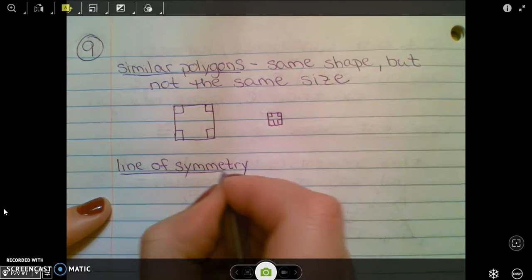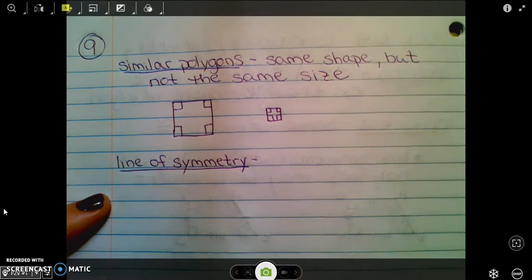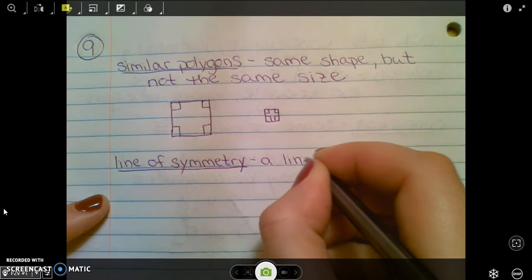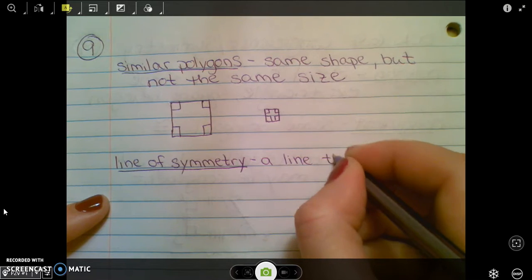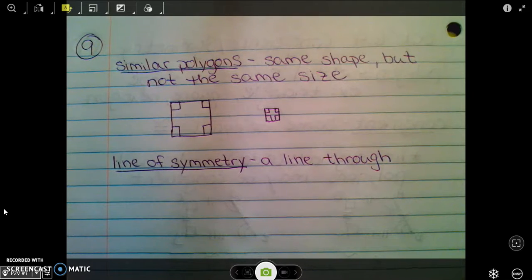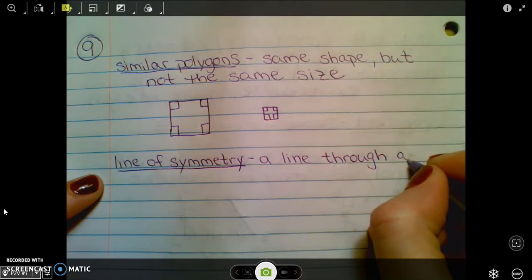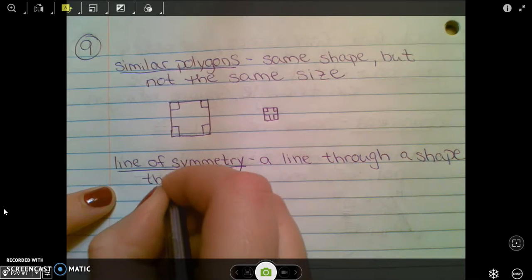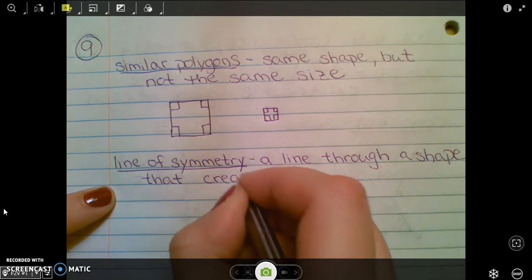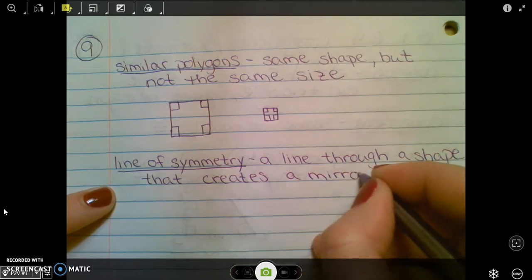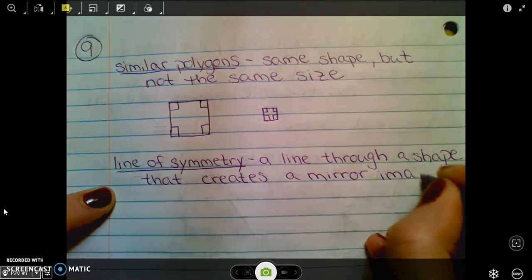So a line of symmetry is basically a line through the shape, whether it is folded through the shape like we did in class, or you just draw the line on the paper, a line through a shape that creates a mirror image on both sides.